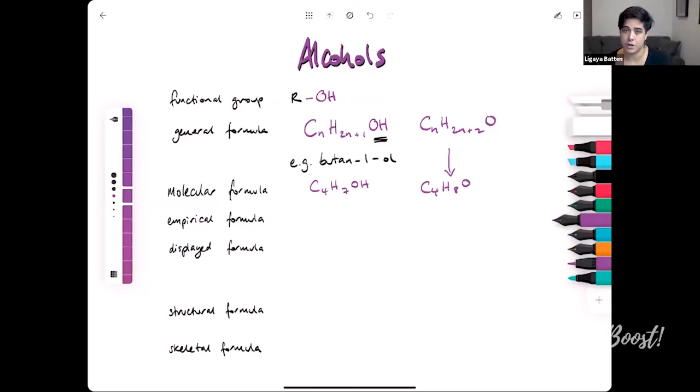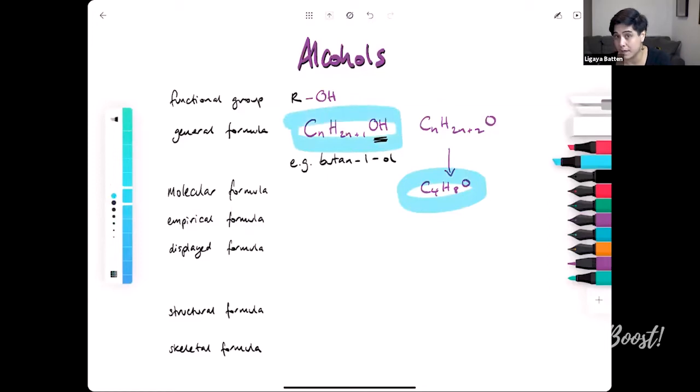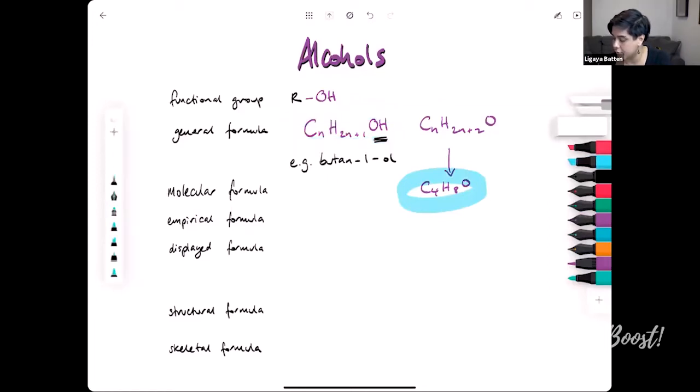It's just supposed to show the number of each type of atom in the molecule. So actually the molecular formula should normally be this one here, even though this would be accepted as a general formula. Okay, so that's maybe a little confusing, but the key thing is that in the general formula, we're trying to identify the fact that an OH is there. In the molecular formula, we're just interested in how many atoms of each element you have.